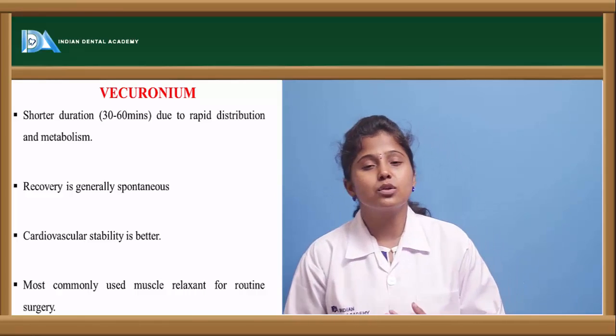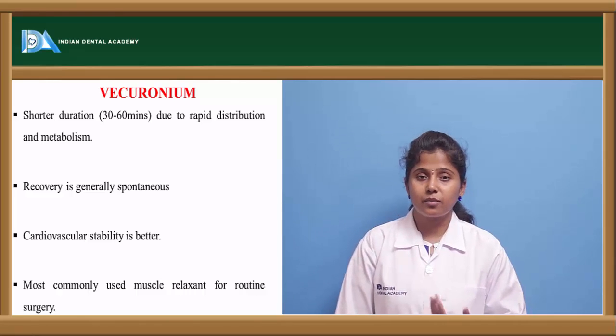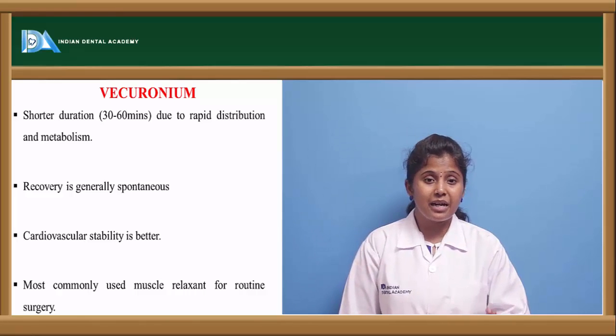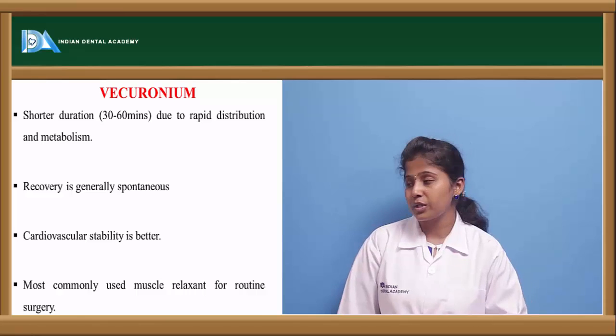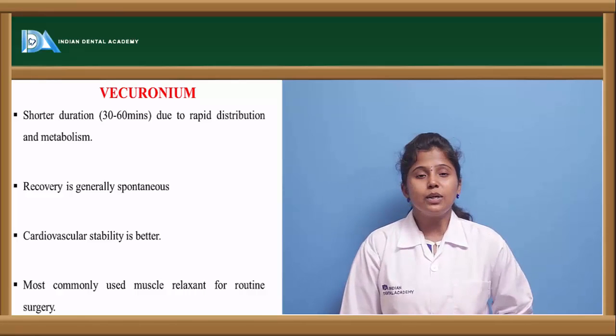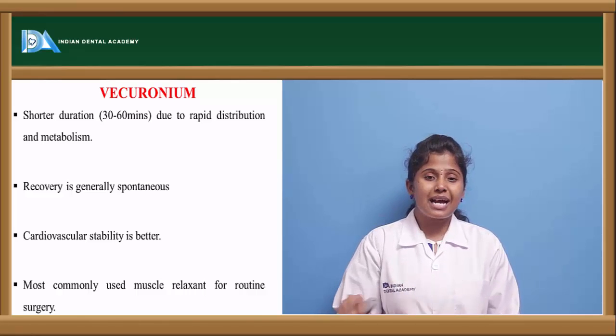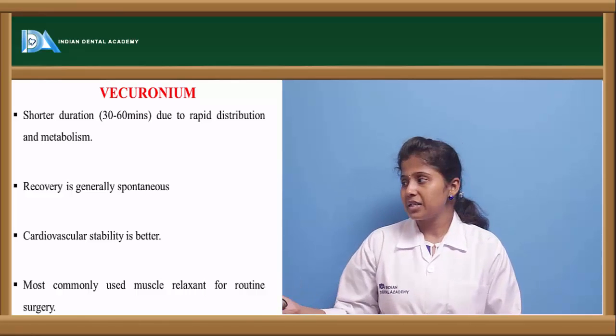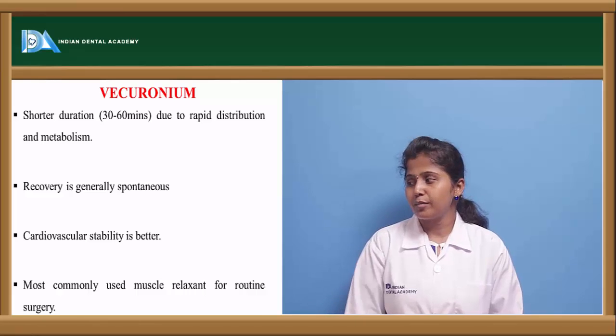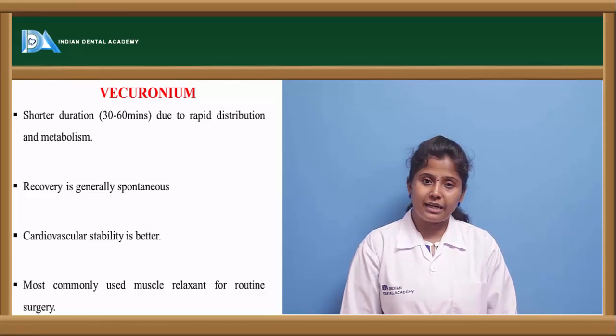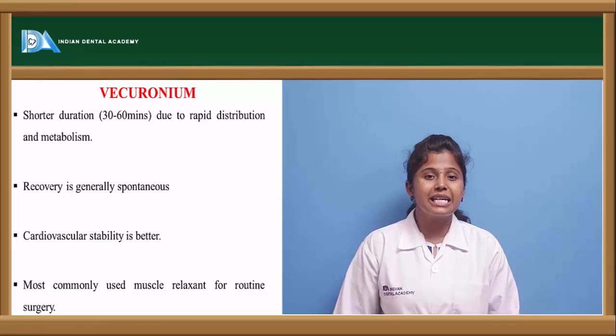The recovery from this drug, the skeletal muscle relaxation recovery, is also spontaneous. Cardiovascular stability is better, in the sense that the cardiovascular actions are stable with vecuronium, and it is most commonly used as a skeletal muscle relaxant in surgeries.